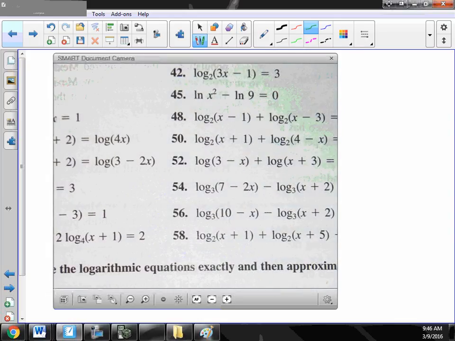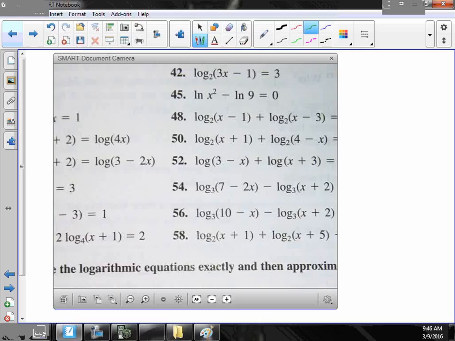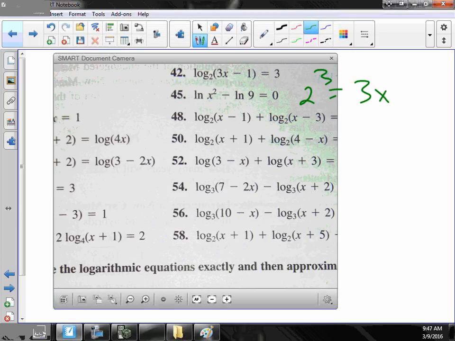Okay, number 42. How are we going to solve 42? Come on, guys. Pay attention. 42. 2 to the 3rd equals 3x minus 1. This is just 27.